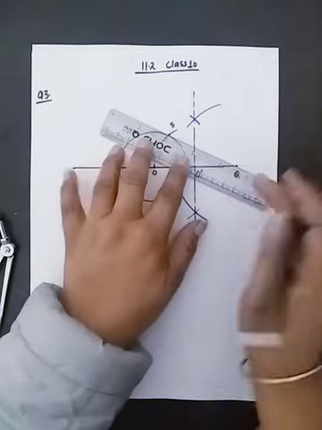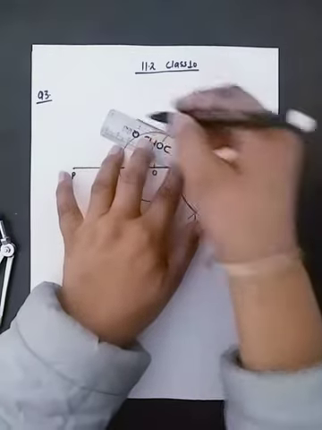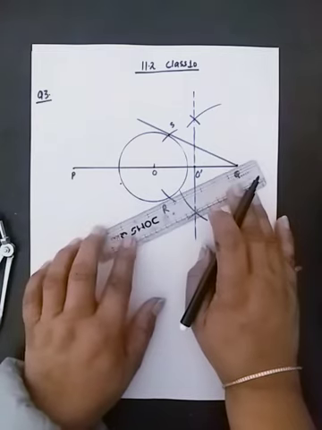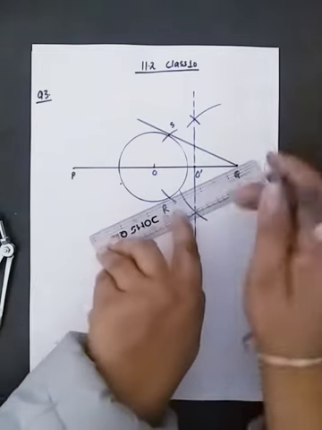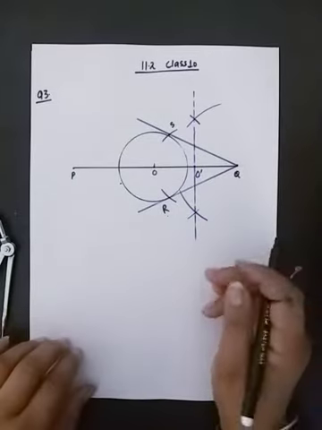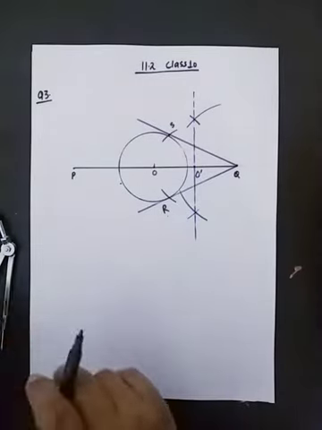So QS and QR are two tangents drawn from point Q, or we can say from other end of the circle. Similarly, we have to follow the same steps for the point P.